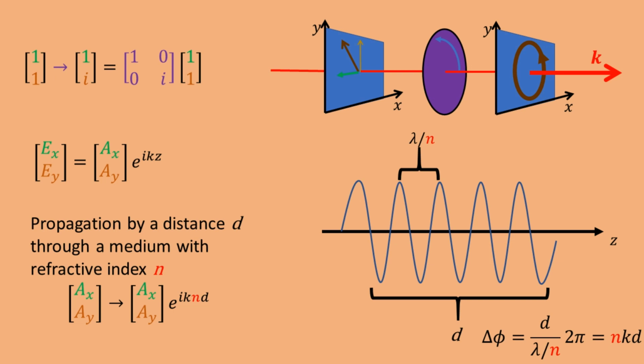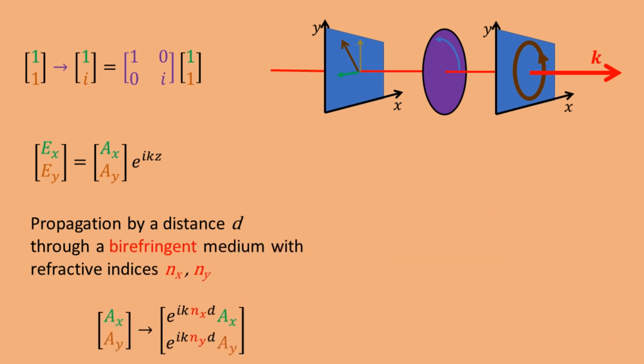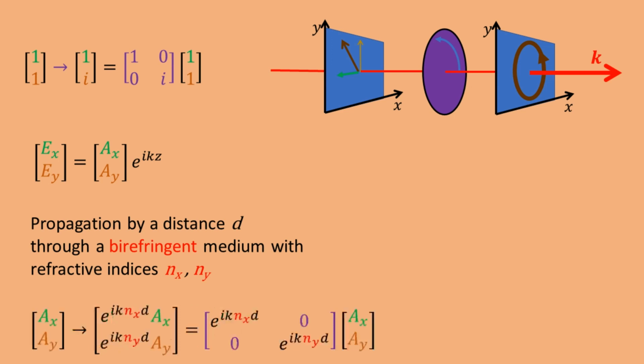Now what happens if we have a material which has different refractive indices for the x component and y component of the field? Such a material is called a birefringent medium, and an example of birefringent media would be crystals such as calcite. In this case, each component is multiplied by a different phase factor, so this operation has to be written as a matrix, namely a diagonal matrix with e to the power i k n_x d and e to the power i k n_y d on its diagonal.